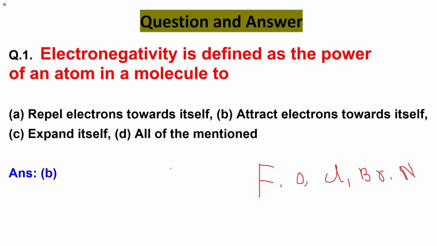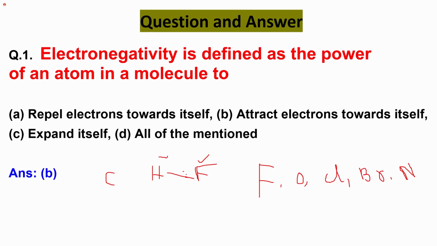Let's take an example, HF. Now who is the more electronegative atom? Fluorine is more electronegative than hydrogen.